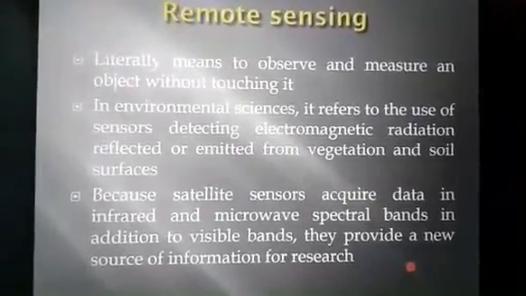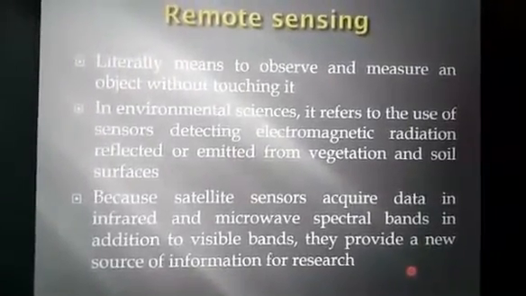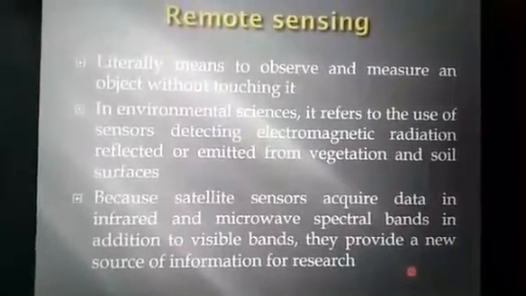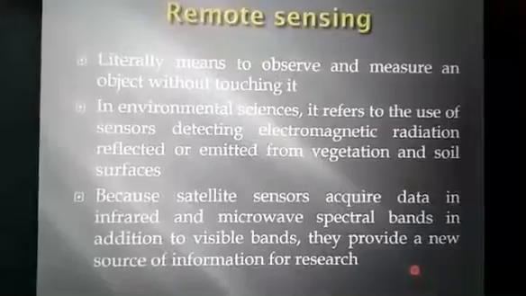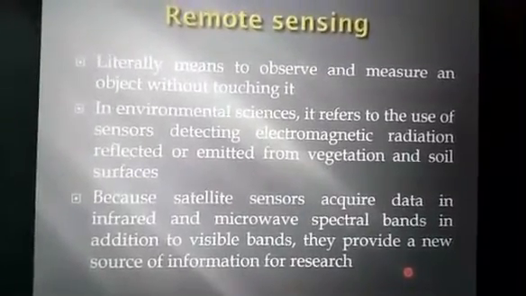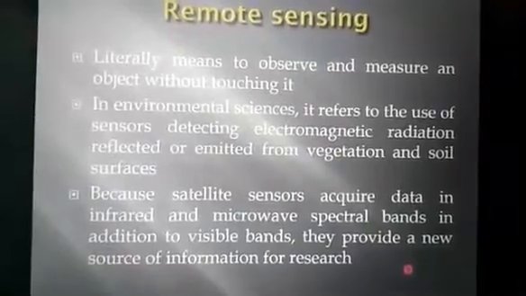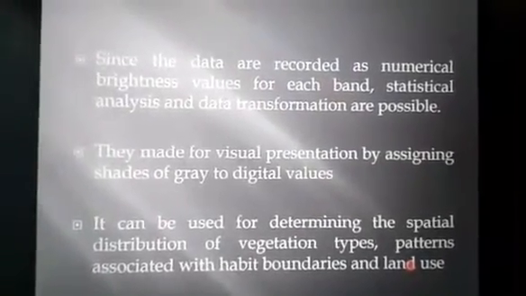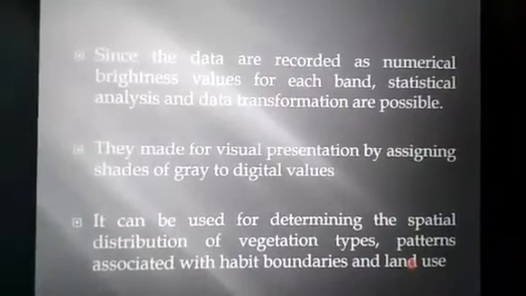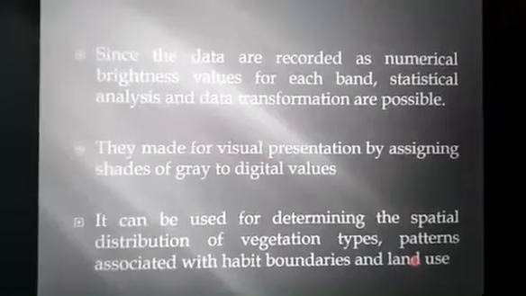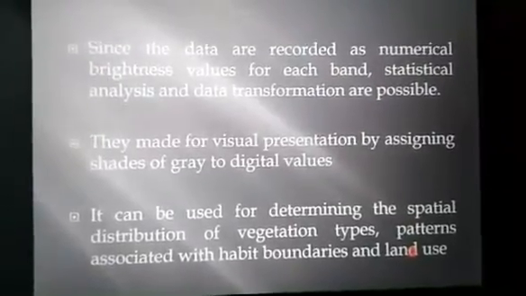Because satellite sensors acquire data in infrared and also microwave spectral bands, in addition to visible bands, they provide a new source of information for research. Since data are recorded as numerical brightness values for each band, statistical analysis and data transformation are possible.